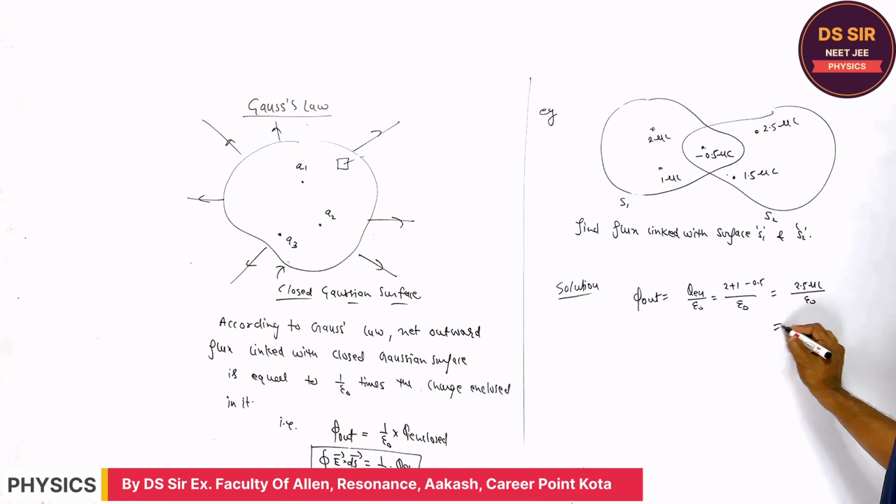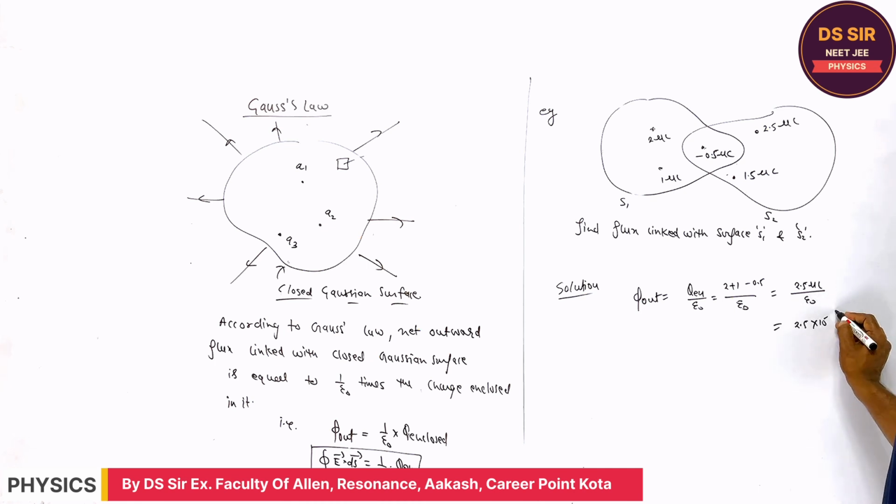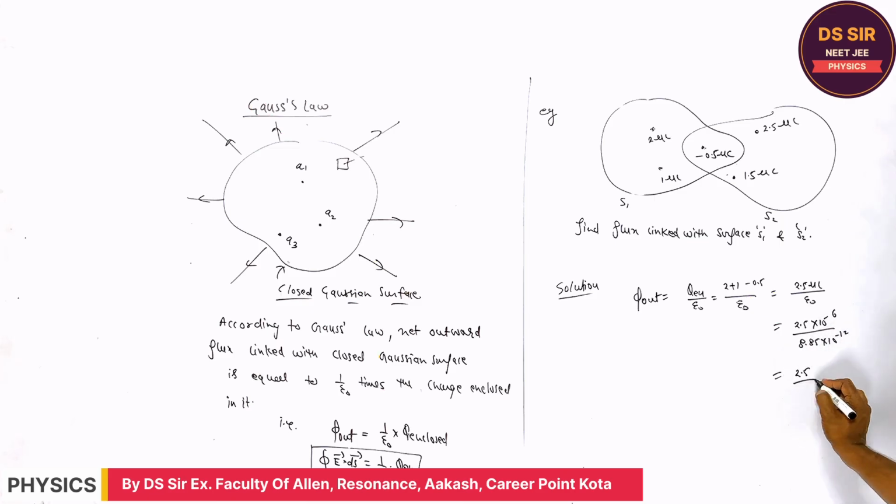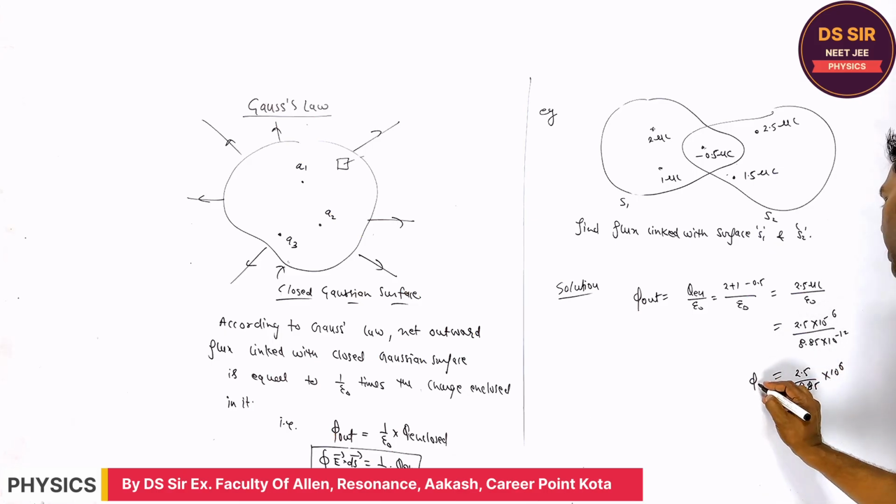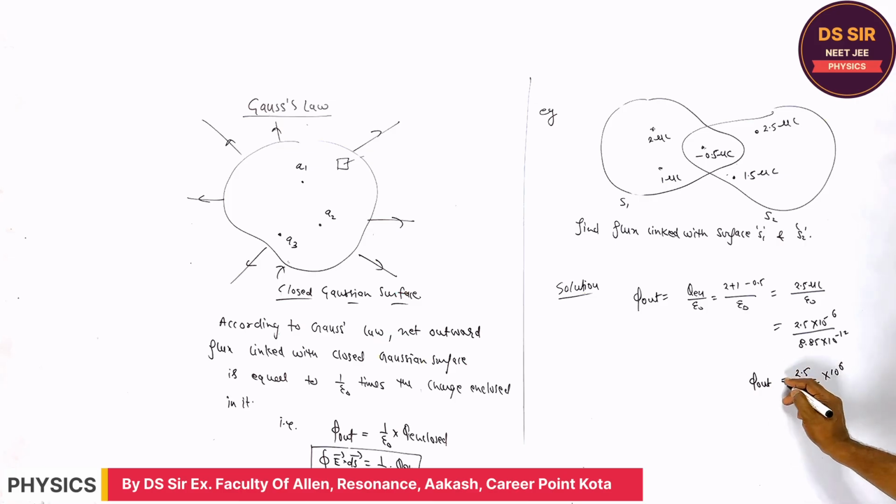You may write 2.5 into 10 to the power minus 6 divided by 8.85 into 10 to the power minus 12. When you do this calculation, you can get the answer.